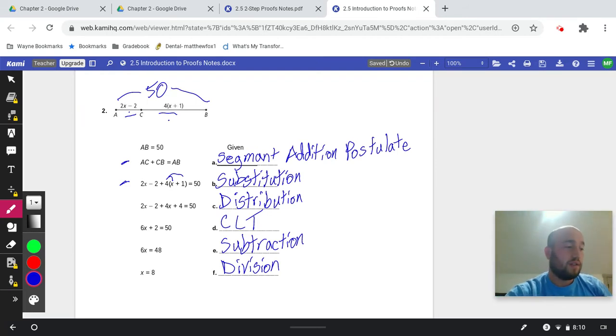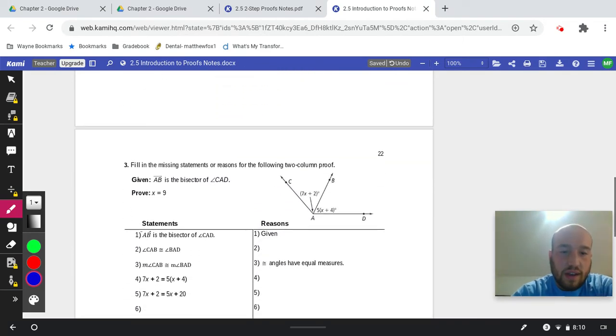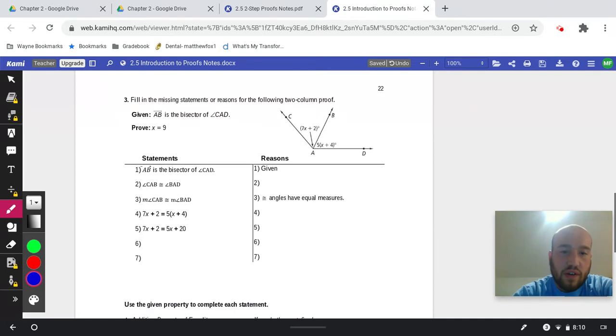Okay, so the next one we're going to do is this 2-column proof on angles. It's the same concept that we've done with angle bisectors. We know what that means; we're just putting this into a proof now. So AB is the bisector of CAD, and that's our given.